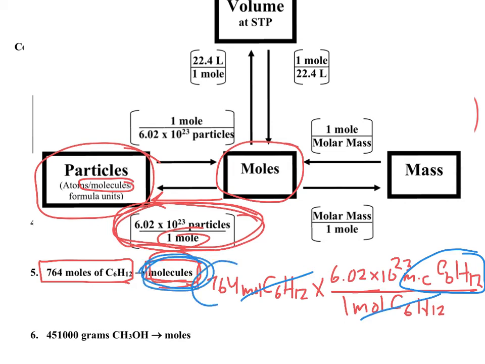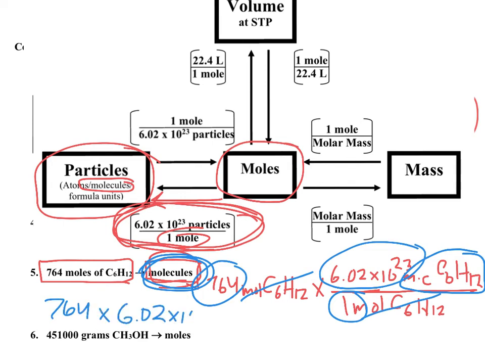We're just going to take our first number, multiply by the top, divided by the bottom. So that's going to be 764 times Avogadro's number, 6.02 times 10 to the 23rd, divided by 1. Remember, make sure you put 6.02 times 10 to the 23rd in your calculator properly. If you don't use the EE function for scientific notation, you might get the wrong answer, so you have to be careful.